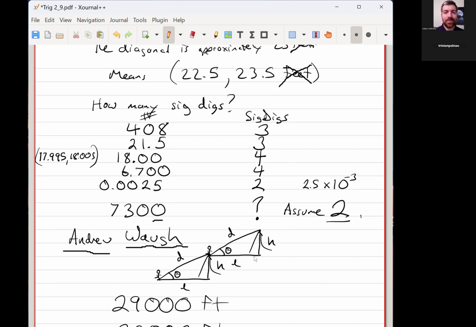In any case, they do this, months and months and months go by. They measure all over India heights and elevations. They go all the way up to the mountains, and get the final calculation there for Mount Everest. And he does the calculation and he gets 29,000 feet to the nearest foot.